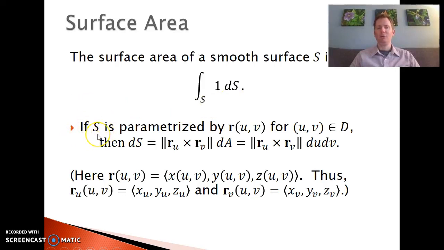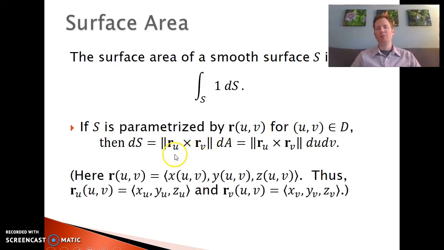So our surface S is parameterized by a vector function r of two parameters u and v, for u and v elements of some domain D. In that case, the differential ds is equal to the magnitude of the cross product of two partial derivative vectors, dA.